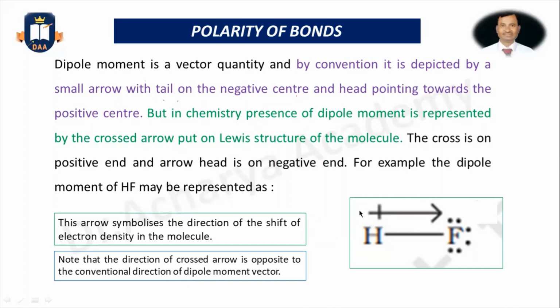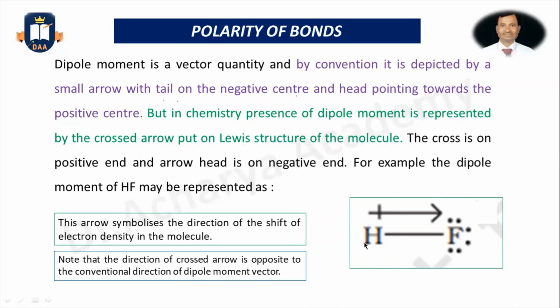This arrow should be in this way, and the tail will be on this side as per the convention. But in the chemistry subject, it is the reverse. In chemistry, the presence of the dipole moment is represented by a crossed arrow put on the Lewis structure of the molecule. And the cross is on the positive end.